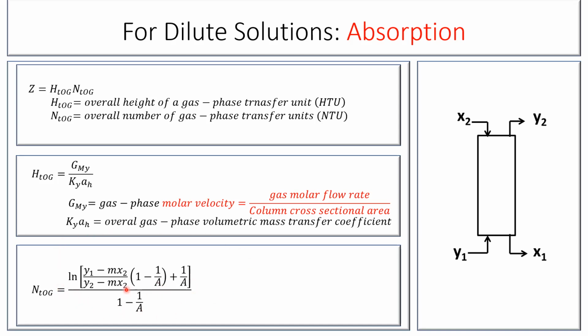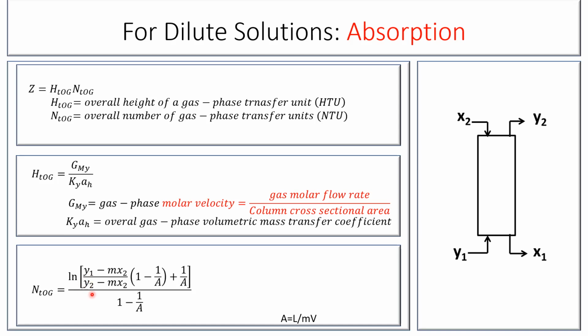Now, if you remember, A is the absorption factor, which is L over mv, and the absorption factor relates to the gap between the operating line and the equilibrium line. So the larger the gap, the higher the value of A, and therefore there will be fewer stages required, fewer transfer units. Now we are talking about fewer transfer units required to achieve the target purity of the gas stream.